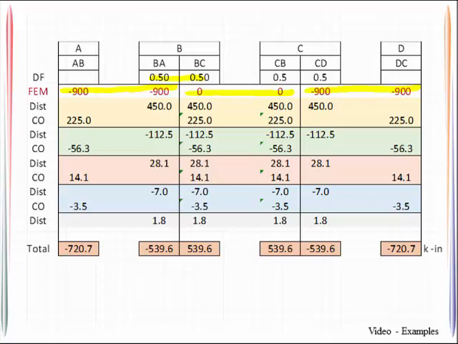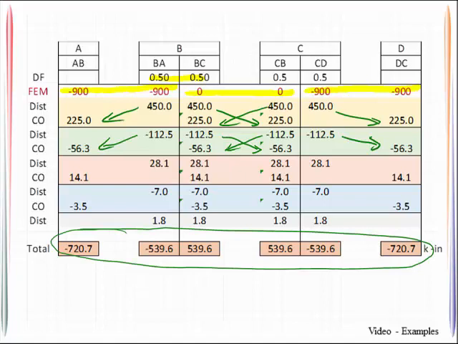Here are the distribution factors that we have going on, and then we will use the moment distribution method to balance the joint and then do carryover to each of those. And we are balancing all joints simultaneously in this particular example. And it continues on and on, until we find what the internal moments are at each of the joints.